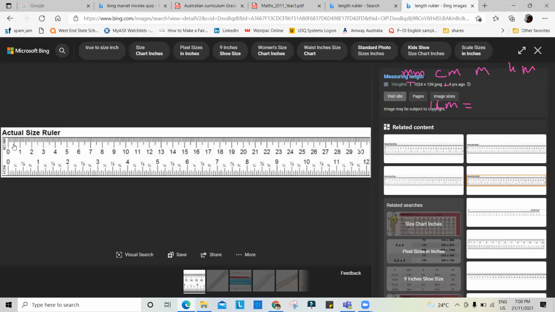The middle line is 5. There are 5 lines here, another 5. Then how many millimeters in 1 centimeter? There are 10 lines, right? Yeah, you can see my ruler or not? I can. Okay. Then this is 10 millimeters, right?